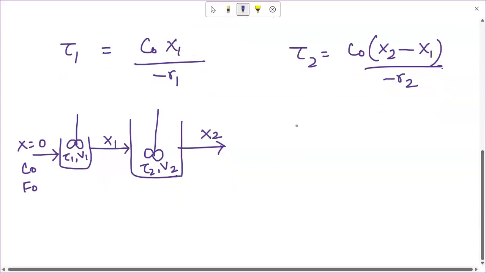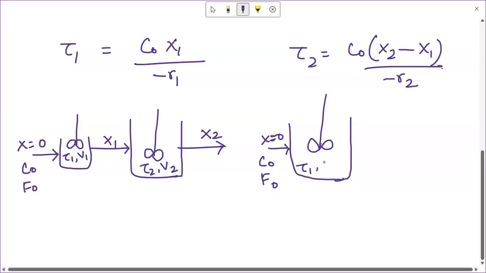The other configuration is the larger reactor first. Spare my drawing skills please, because I'm not really good at drawing. It's just a diagram anyway. So the initial conversion is 0, with C0 and F0.